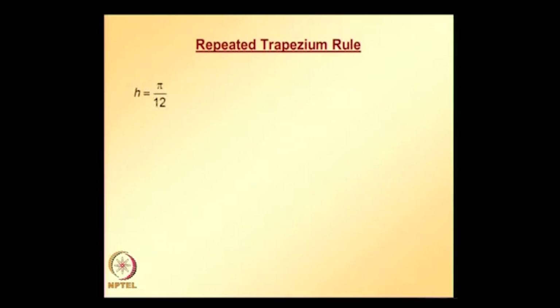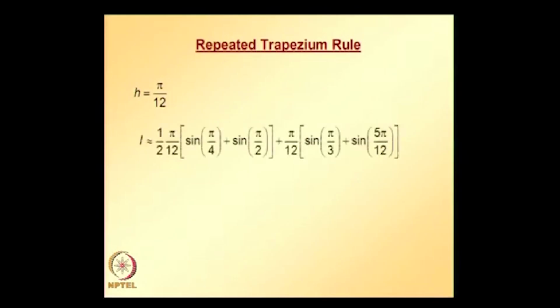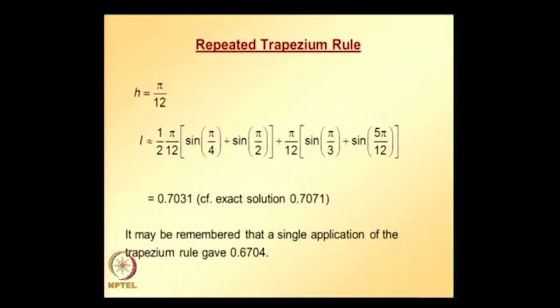So doing the calculation, it turns out that h is equal to pi over 12 for this problem, and applying this formula we get the approximate value of the integral as given in this equation, and simplification of this results in this value 0.7031, and a comparison of this with the exact solution, which is 0.7071, shows that the accuracy is improved. It may be remembered that a single application of trapezium rule gave 0.6704.